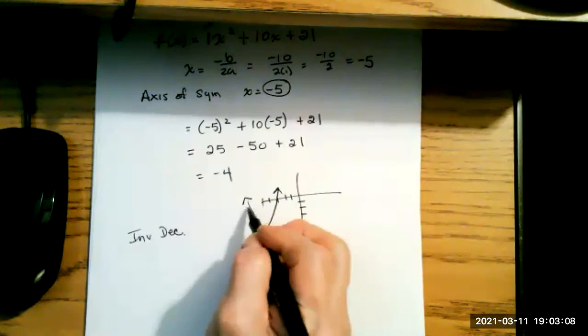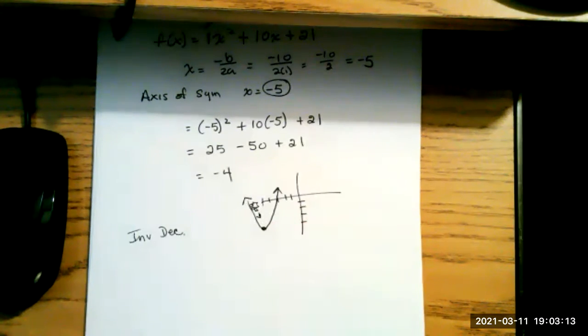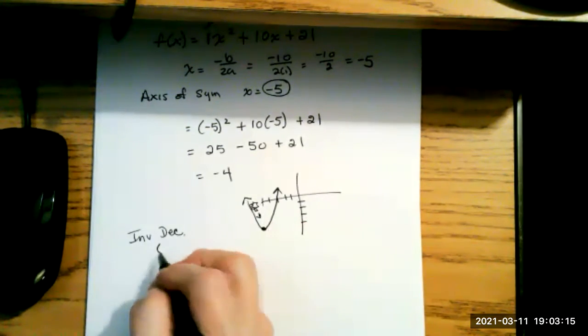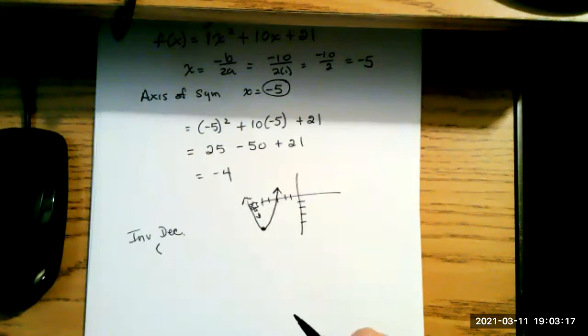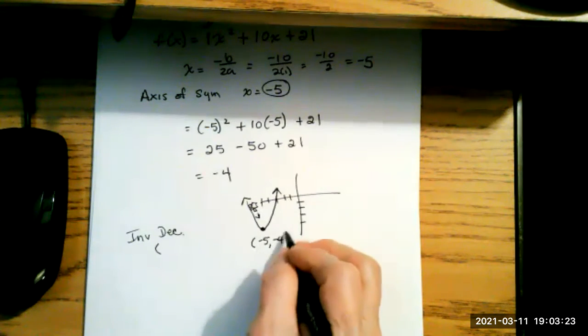Interval decreasing. Going left to right, it would go down like right here. Anybody know what the interval decreasing would be? This point, by the way, is negative 5, negative 4.